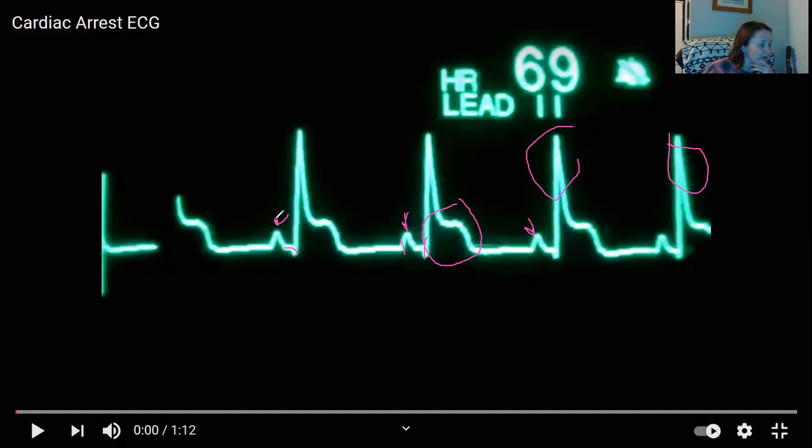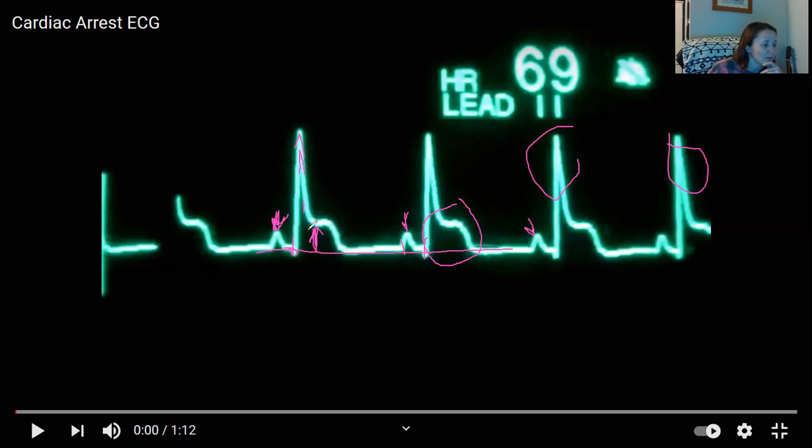So we've got the P wave, and here's our QRS complex. Here's our isoelectric line where everything returns to. And here is where our T wave would be, our T area, our ST area. What we've got here is elevated.